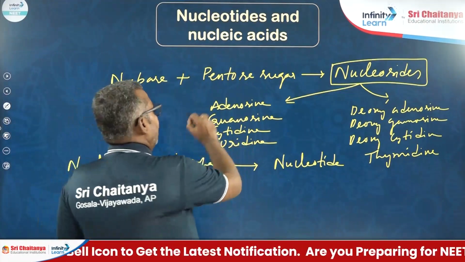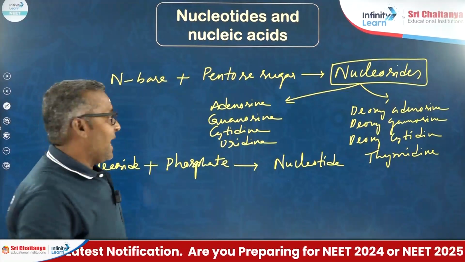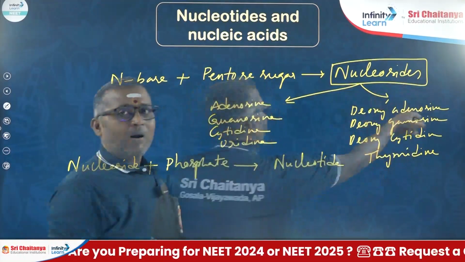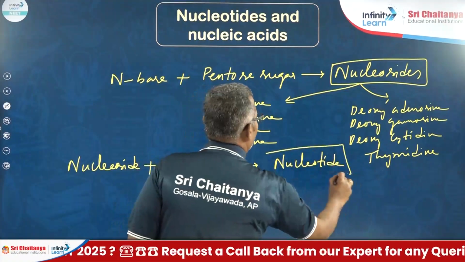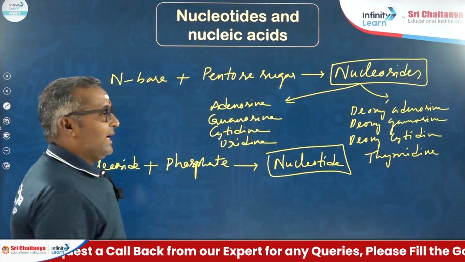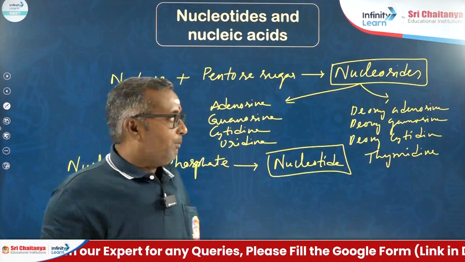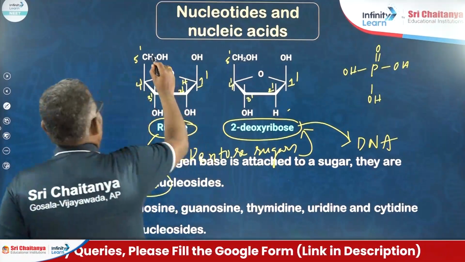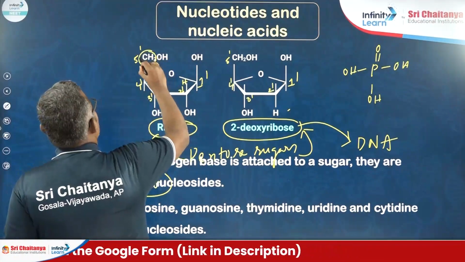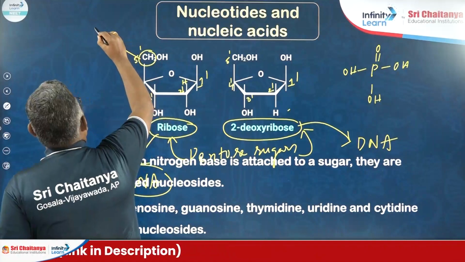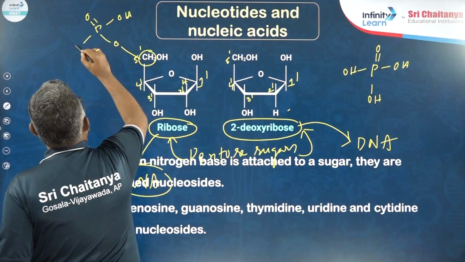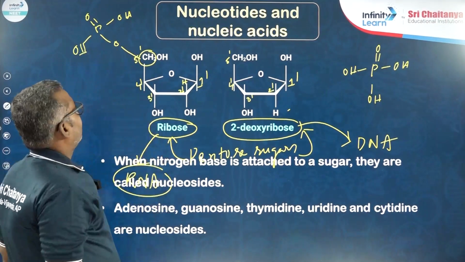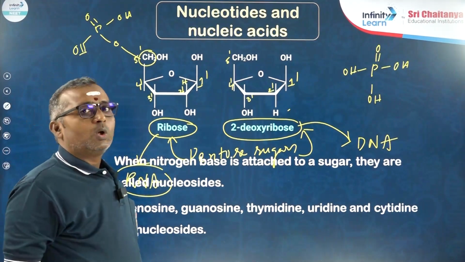When phosphate is added to these nucleosides, then you will get a nucleotide. Phosphate is attached at the 5' carbon of the pentose sugar. At this position, phosphate is added. If phosphate is added, then it is called a nucleotide.